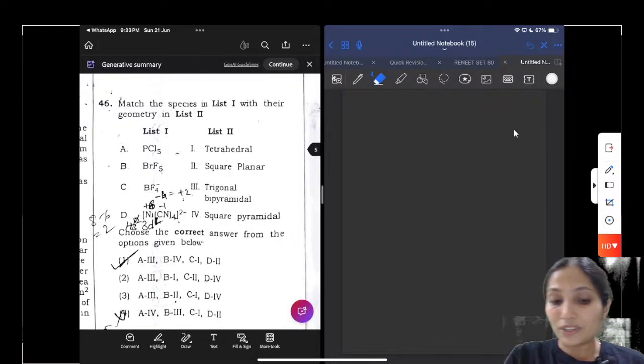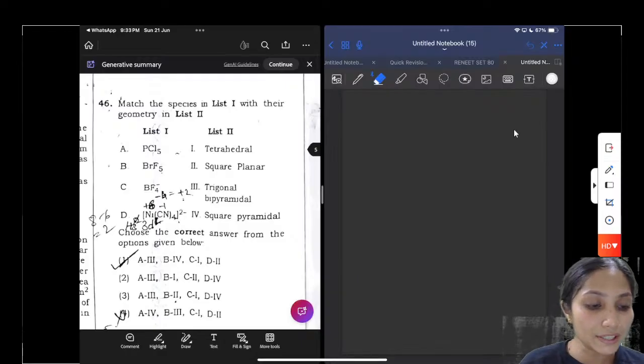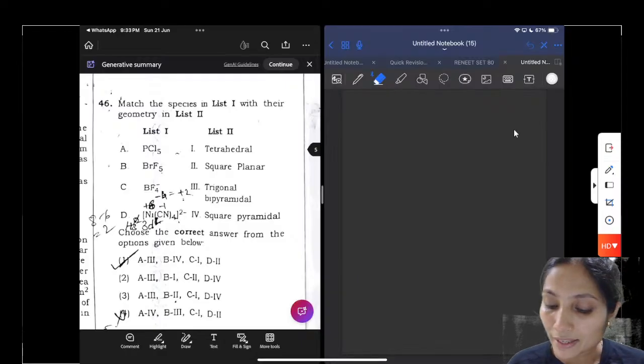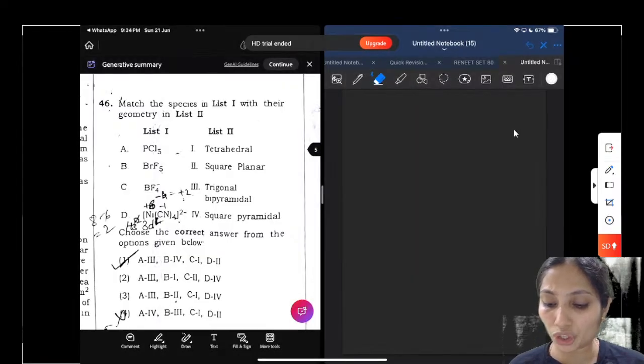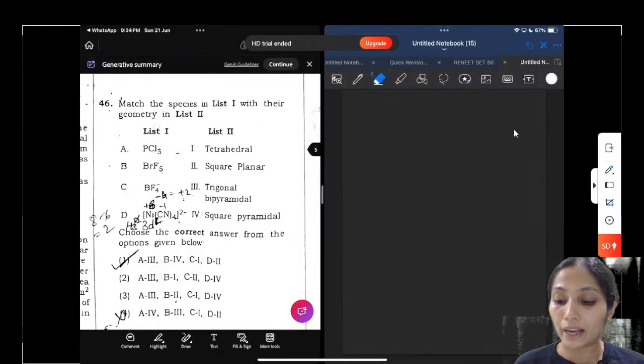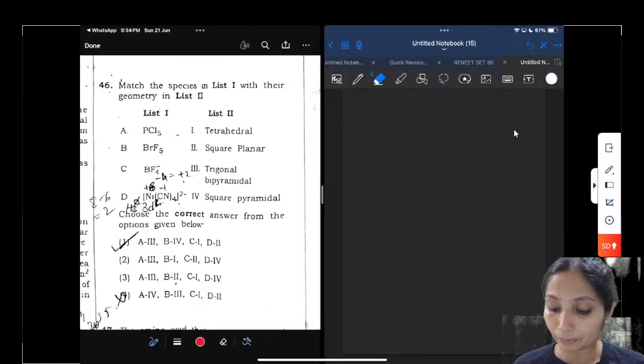See the question. What is given there? Match the species in list 1 with their geometry in list 2. So here we have PCl5. We know the geometry of PCl5. What is the geometry of PCl5? It is trigonal bipyramidal.